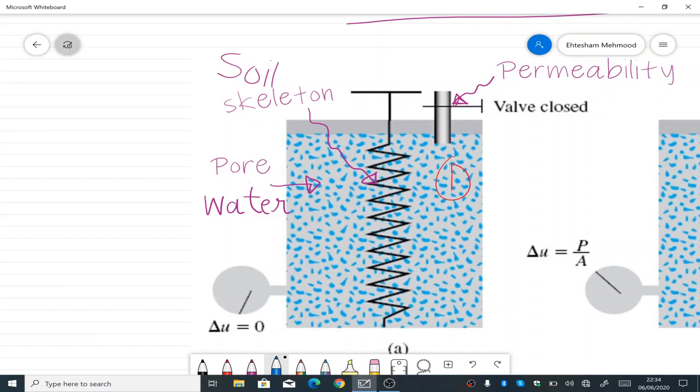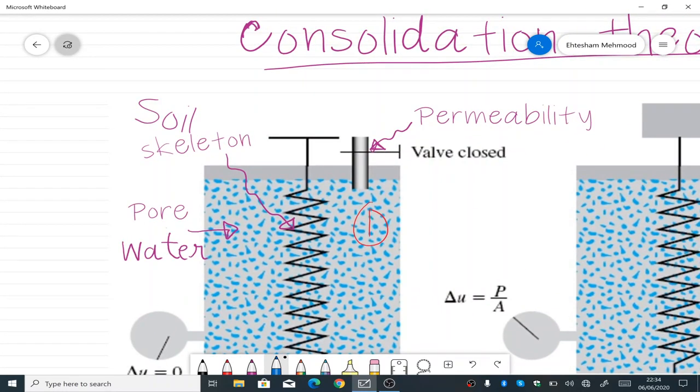The analogy between the spring cylinder model and the soil is that the spring represents the soil skeleton, whereas the water inside the cylinder represents the pore water present inside the voids of a saturated soil. The valve represents the permeability. We have already discussed that permeability is the ability of the soil to allow water to pass through it. The same thing is done by the valve.